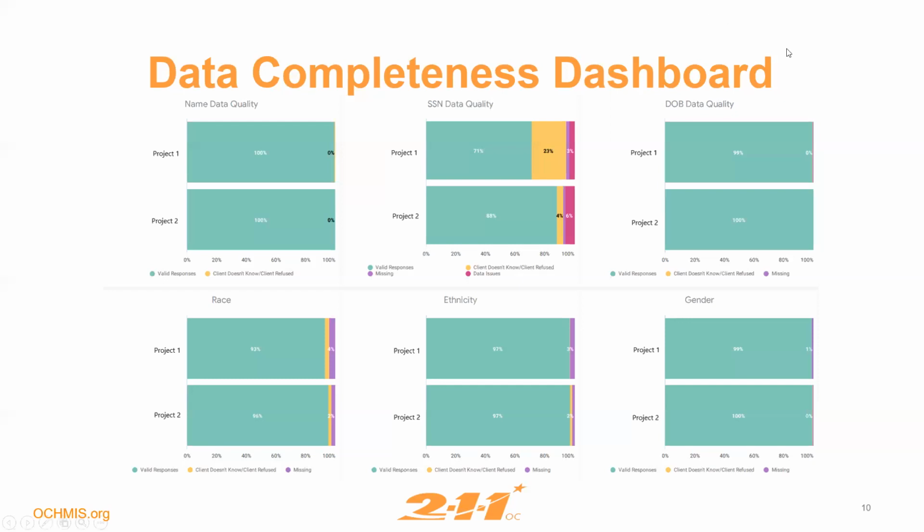And so we have included a category for those three, and then for all the rest, it's just valid, don't know, refused, and missing. So like I said, there will be a separate chart for each data element, and it will be for all HUD required fields and all other federal funding required fields.